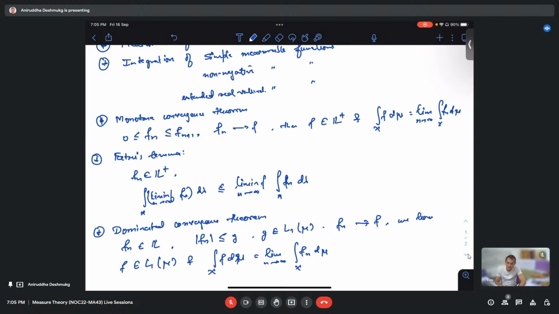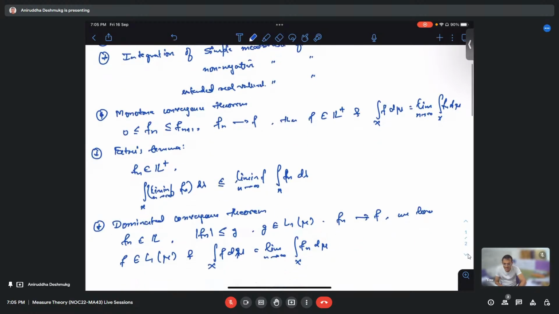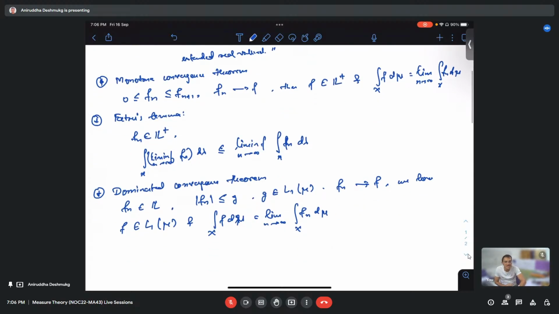So all these results are important in the sense that each of them tells us how to interchange limits and integration. In general, this may not be true. There were some examples done in the lectures, and one can also construct very simple examples. For example, one can construct a sequence of functions that converge to zero pointwise, but their integrals are always one.